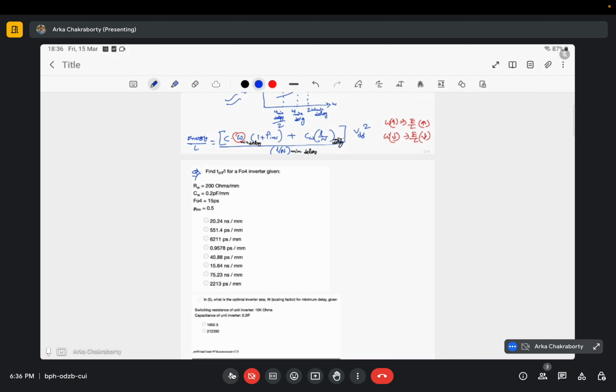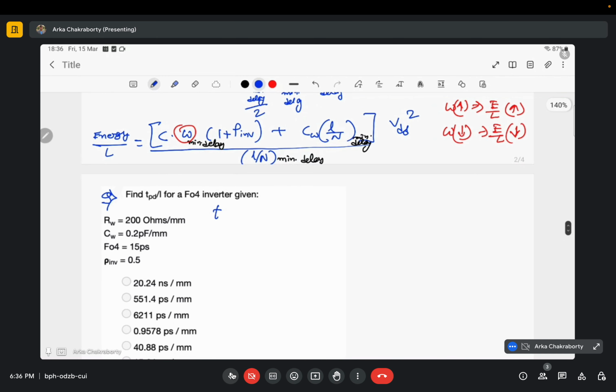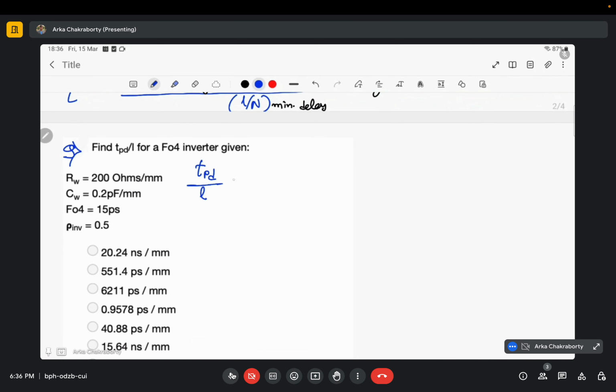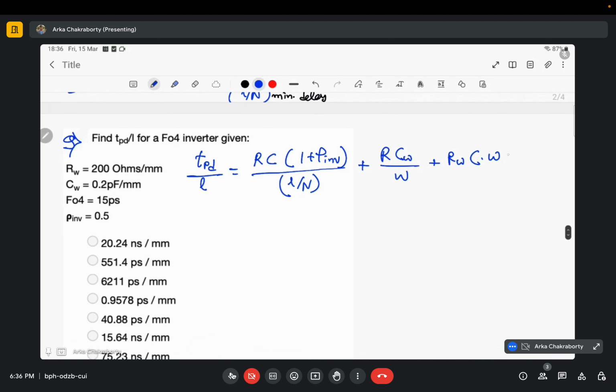We know the expression for T propagation delay per unit length is RC, 1 plus rho inverter by L by N, plus R into CW by W, plus RW C into W, plus RW CW into L by N. Now for this to have the minimum value, I have to put the L by N as the minimum delay expression.